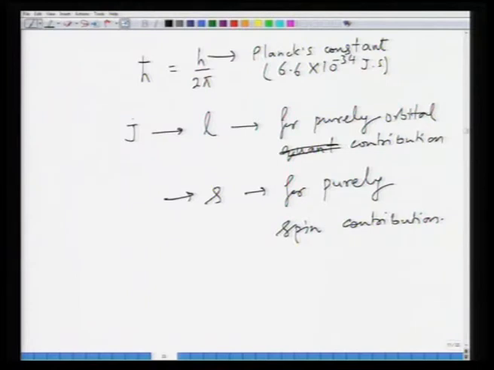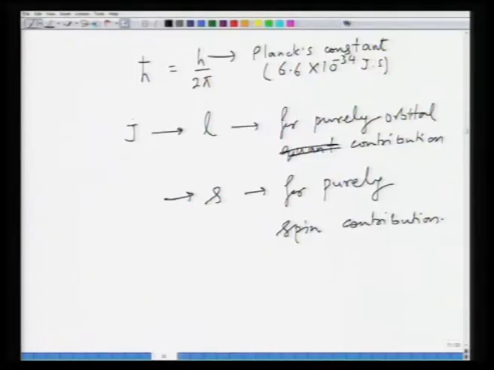And based on this, if we are saying that the orbital moment is also quantized, then the whole magnetic moment of the material is also quantized. So as a result, the net magnetic moment of the material can be expressed in terms of a quantized unit, and this quantized unit of magnetism is called the Bohr magneton.